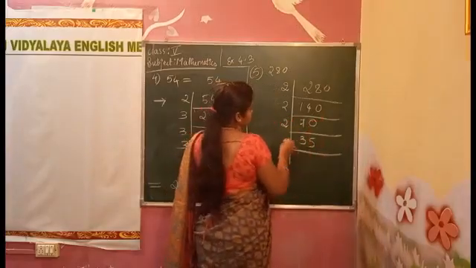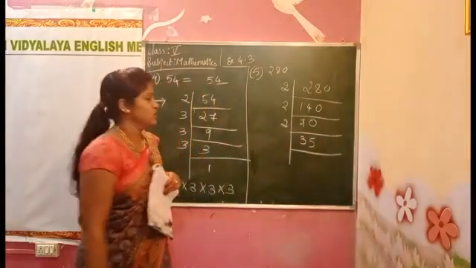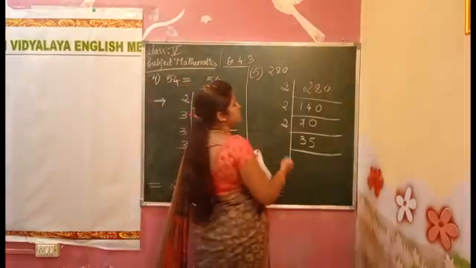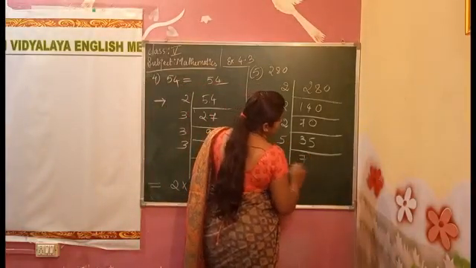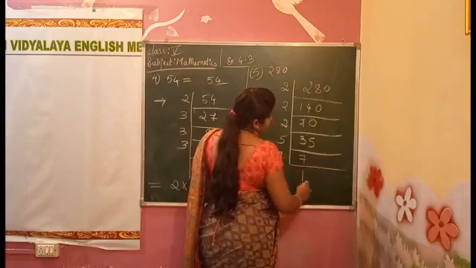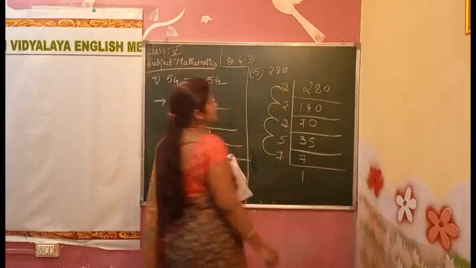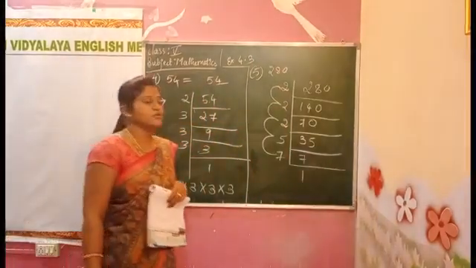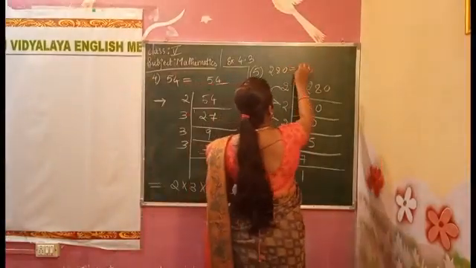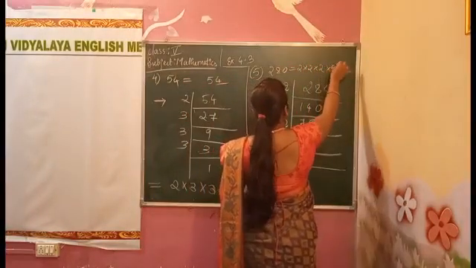Okay, next. Do we have 35 in the 2 table? No. In the 3 table? No. In the 4 table? No. 5 7s are 35. 7 1s are 7. Now multiply all these numbers, children. What do you get? You will get 280 only. So check, do you get that or not? Check and write it by yourself. I am leaving it for you.